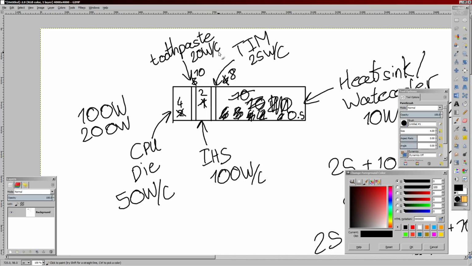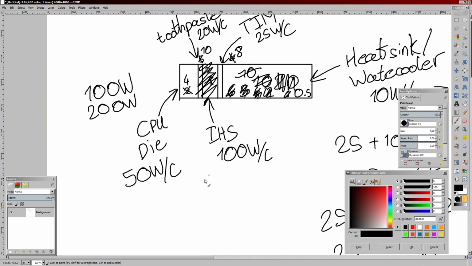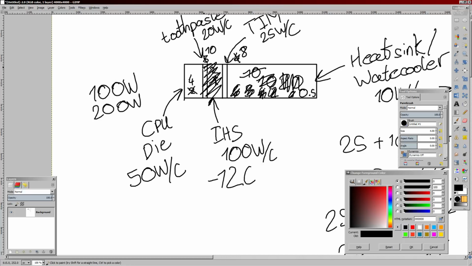It's 20 watts per degree centigrade. We're on the 25 watts per C TIM. Well, what if we just didn't have an IHS and didn't have the toothpaste? That's minus 12 degrees right there. That's literally minus 12 degrees by removing our thermal paste and the IHS. Gone. That is no longer a thermal bottleneck. We've just dropped 12 degrees.